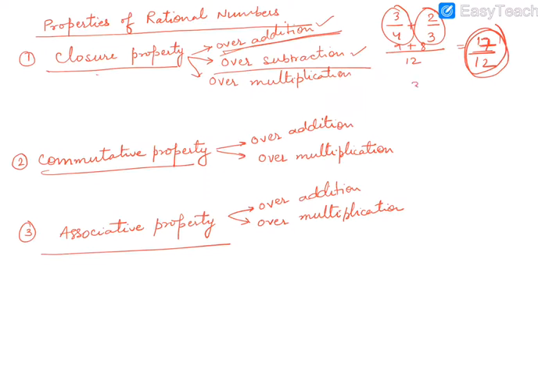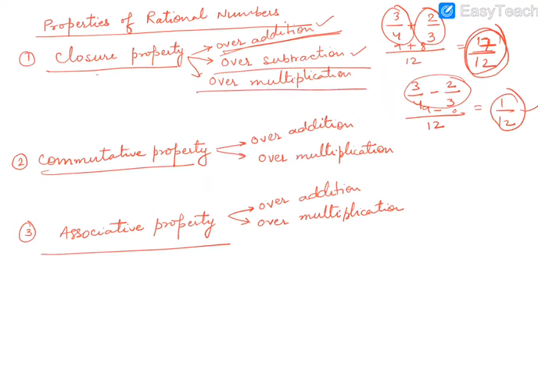Suppose I am writing 3 by 4 minus 2 by 3. You can see the LCM is 12. So 12 divided by 4 is 3, 3 times 3 is 9, and 12 divided by 3 is 4, 4 twos are 8. You have got 1 by 12. So you can see I have subtracted two rational numbers and you got a rational number. The same thing applies to multiplication also.